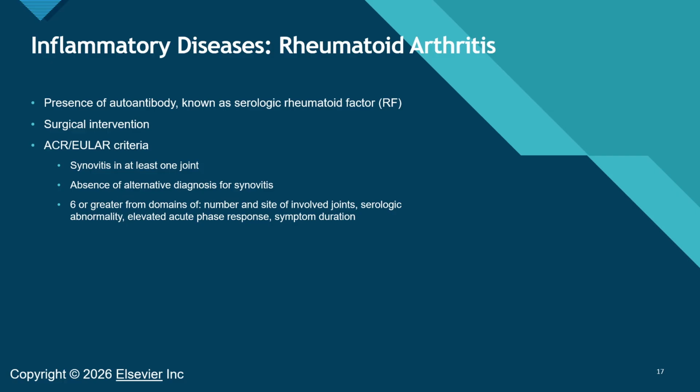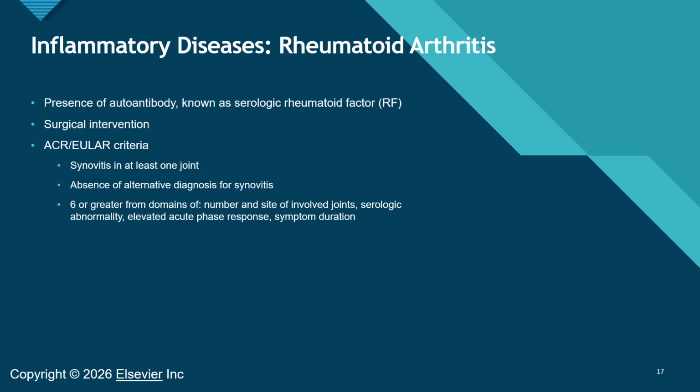It is diagnosed during an analysis of blood chemistry, which will identify the presence of an autoantibody known as serologic rheumatoid factor, or RF. It is 3 times more likely to occur in females and occurs between ages 30 and 40. Symptoms include pain, swelling, and stiffness of the affected joint.